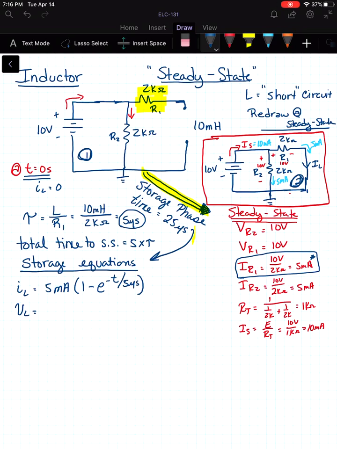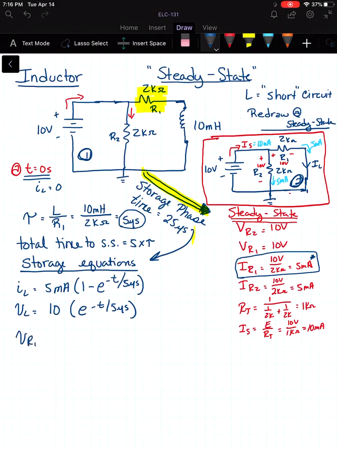Well, that would be 10 volts, because there'd be no current, no voltage drop across R1 because there's no current there. And we would simply be measuring in parallel with the source. So we would be starting at 10 volts and then going to 0. So that's this equation right here, e to the minus t over tau.